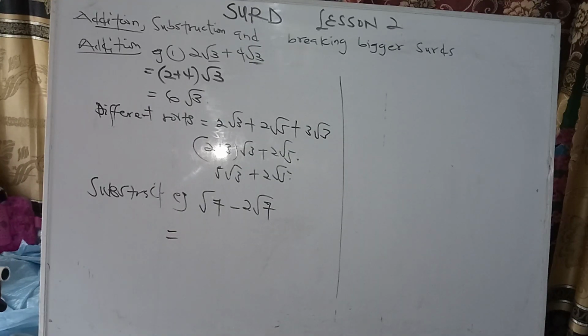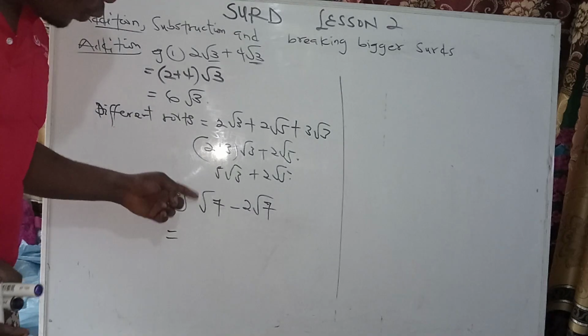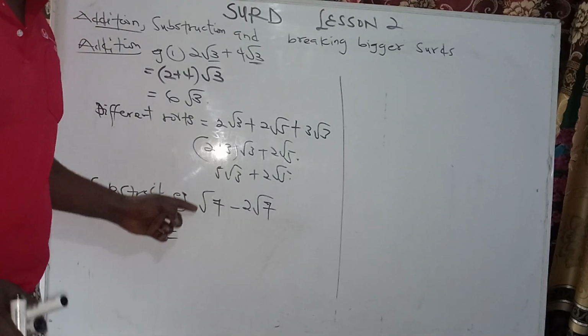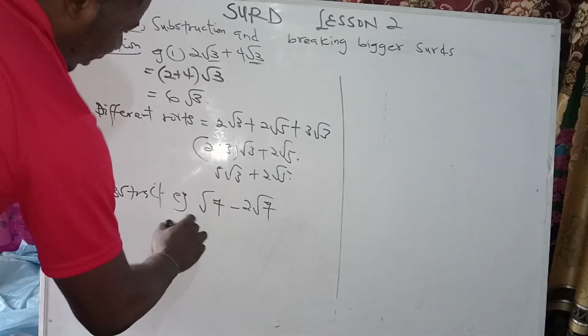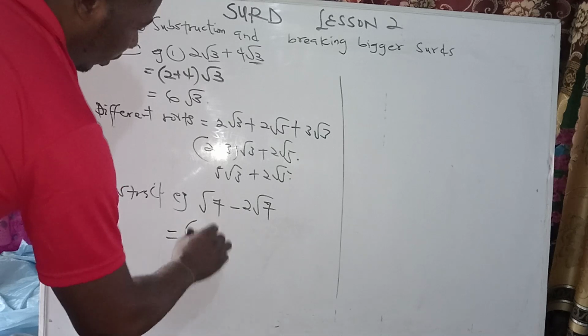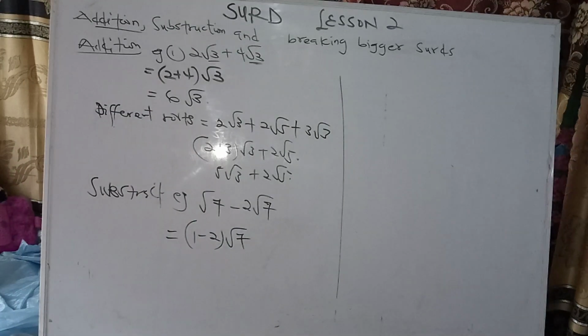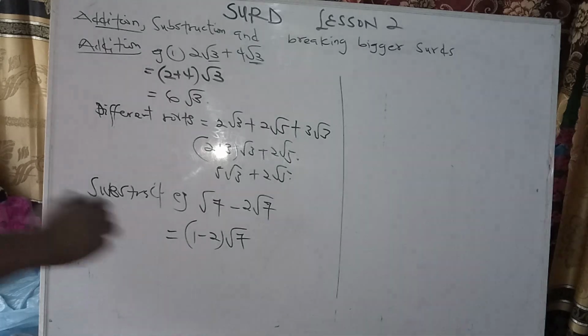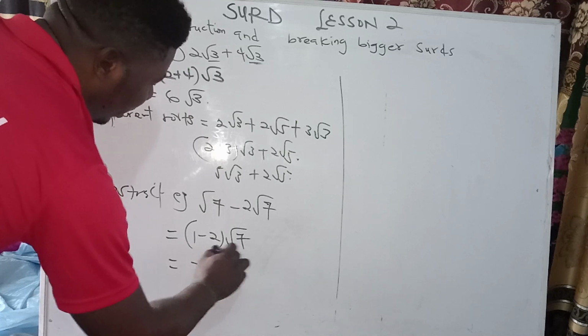So it's going to be equal to, I was saying in the first lesson that when you have something like this, there is a 1 here, but the 1 is invisible. You can't see it. So outside minus outside, I have 1 minus 2 root 7. You see what is happening? So we are going to get minus 1 root 7.